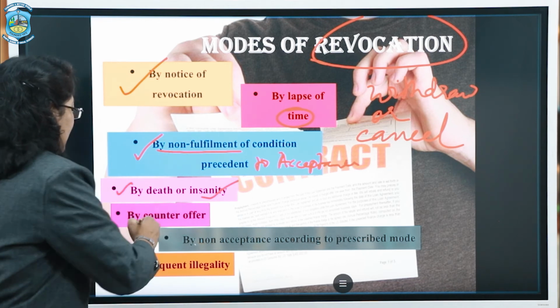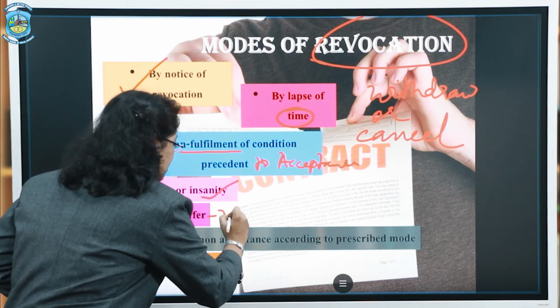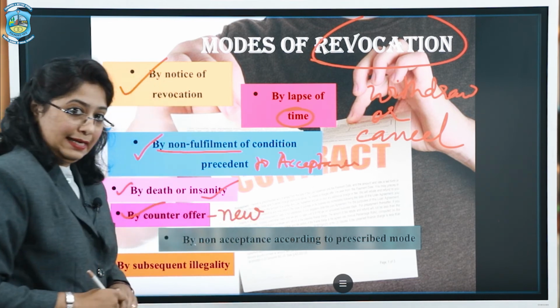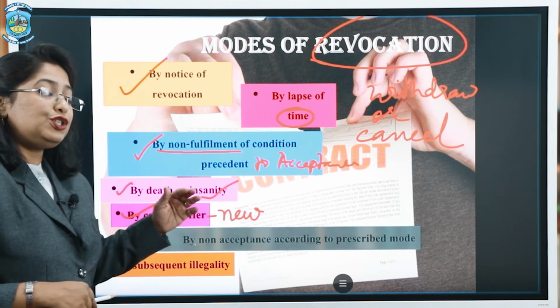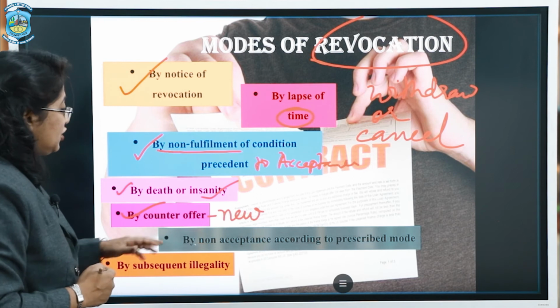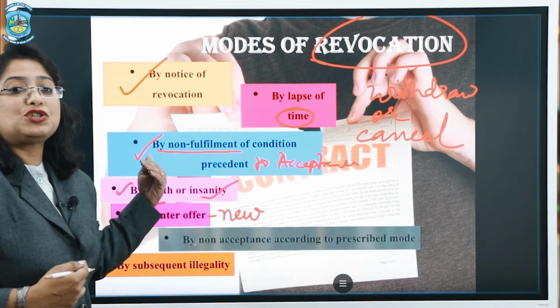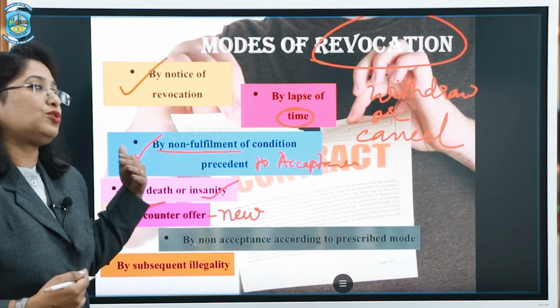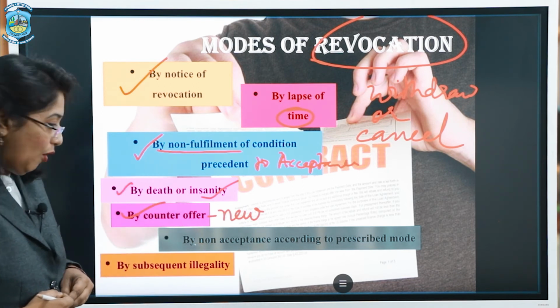Fifth is by counter offer. When we talk about counter offer, it is nothing but a new offer. That is, the acceptor puts forth a new offer to the offerer. In such case also, the original offer stands to be not accepted. So in short, we are revoking the old one and we are going for the new offer.